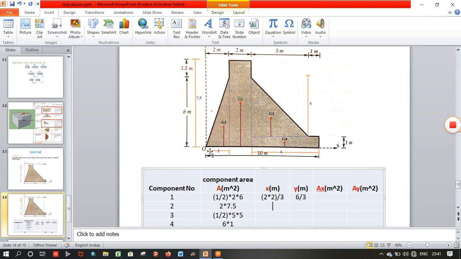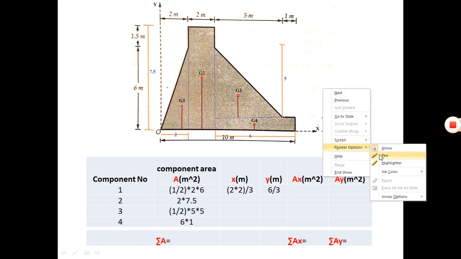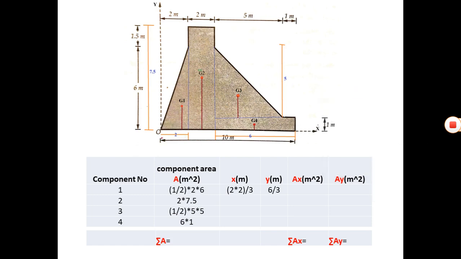For the rectangle, if I draw this here, for the x-axis from this point to this point. So if you look at this, this point is beyond the base of the previous geometrical component, that is the right angle triangle, geometrical component 1.